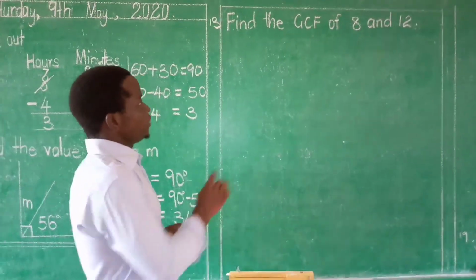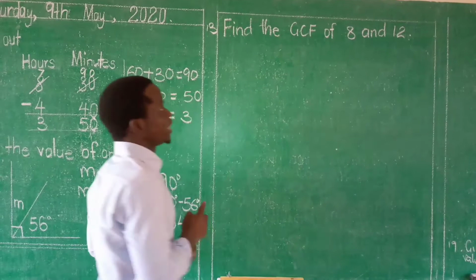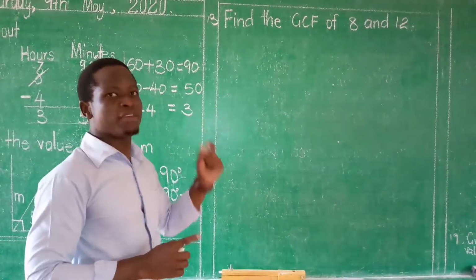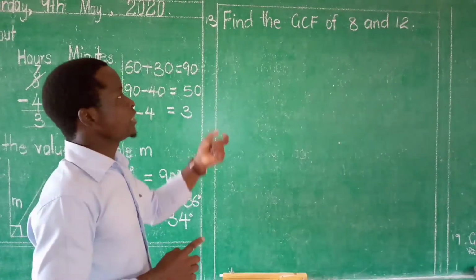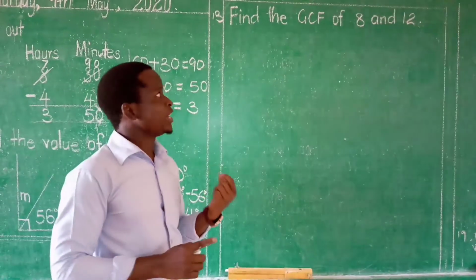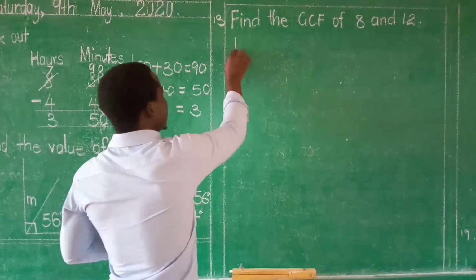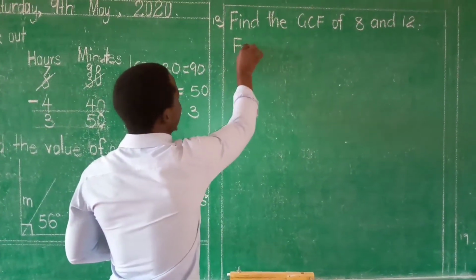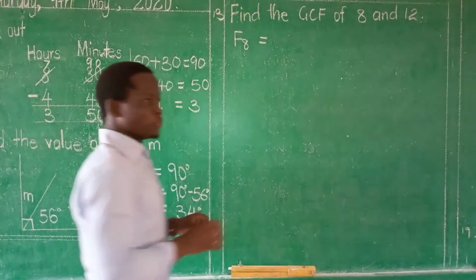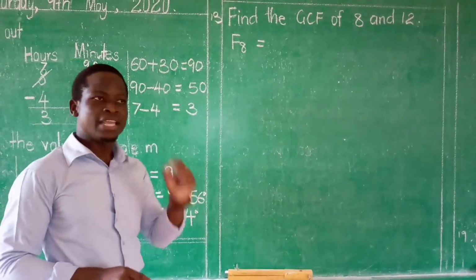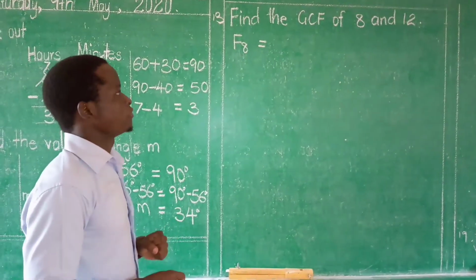The first one, we can list the factors of each number there. Then we identify the common ones. Thereafter, we spot the greatest common one. Let's start. We start with factors of 8. Factors of 8 here, we mean the numbers that can divide 8 without giving a remainder, of course.